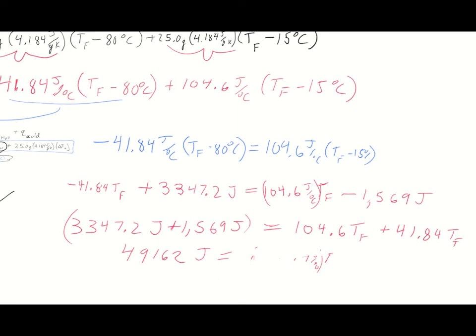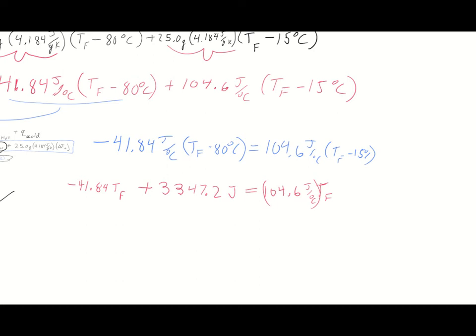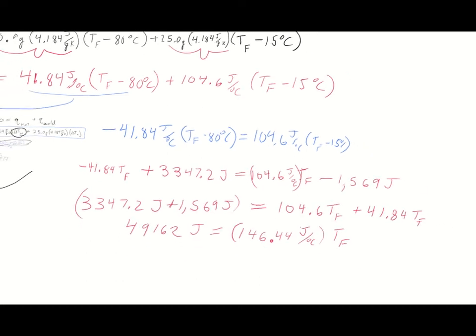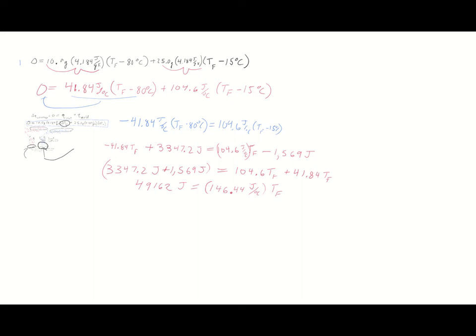That was really messy. Just a second. Let me see if I can clean that up for you guys. Or maybe not. There we go. I now want to get my TF by itself, so I'm going to divide both sides by 146.44.